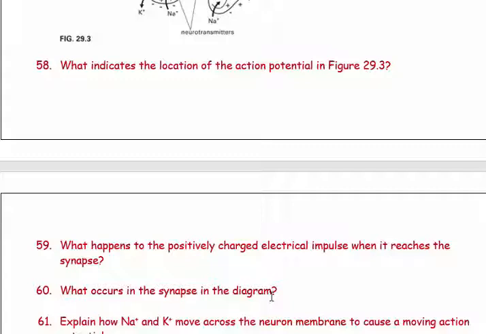What occurs in the synapse, as we can see, is that the neurotransmitters have bound to the receptors on the adjacent neurons and they stimulate a new action potential. Here, they are going to be released at the synapse. The synapse is the point where the axon and the dendrites meet.